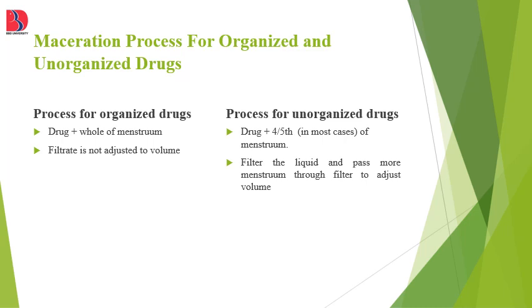But on the contrary, if we are going for this process with unorganized drugs like resins and gums, then we have to put only 4/5 of the measured menstruum into the drug, and keep the rest for making the volume finally.